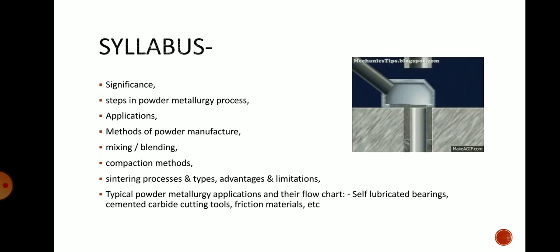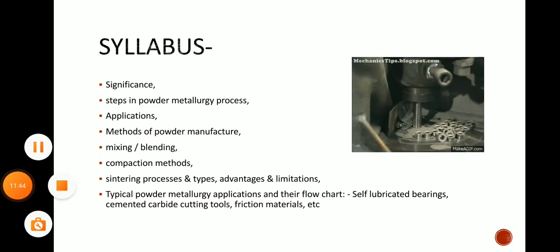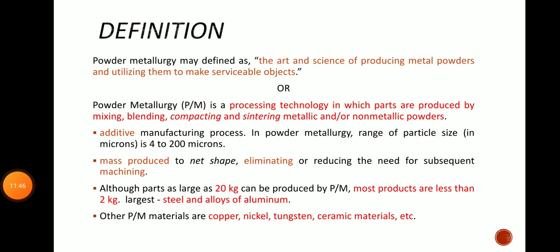So this is the actual process of compacting and producing the product using powder metallurgy. In this animation, the powder is poured into the chamber and high pressure is applied with the help of a punch, and you get the final product. So by such processes we can produce components in mass.